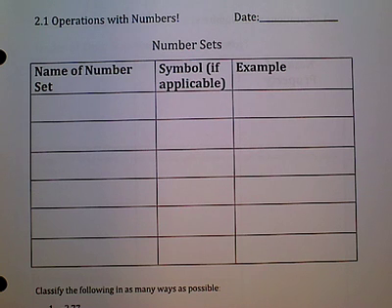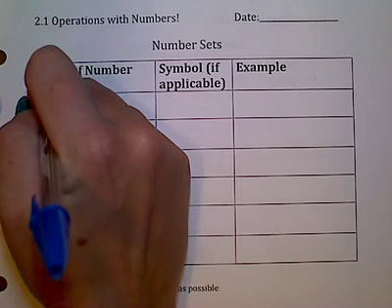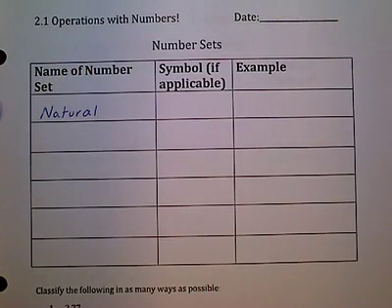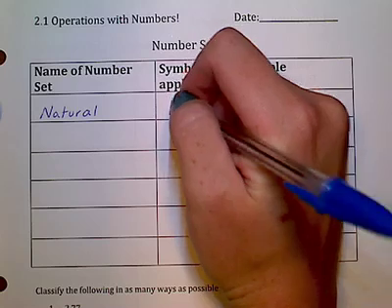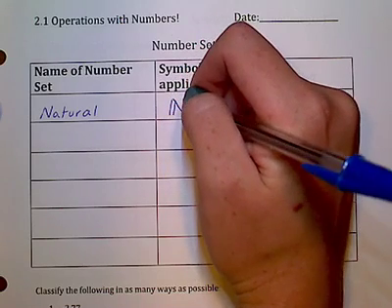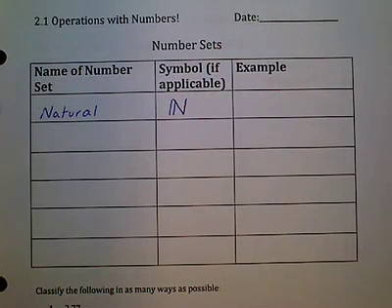The first one that I want to start out with is the set of numbers called the natural numbers. There is a symbol that stands for the set of natural numbers, and it's a big capital N, but one side of the N has a double bar. Sometimes in a textbook you might see that as a big bolded capital N. Now, the really important part is, what are the natural numbers?